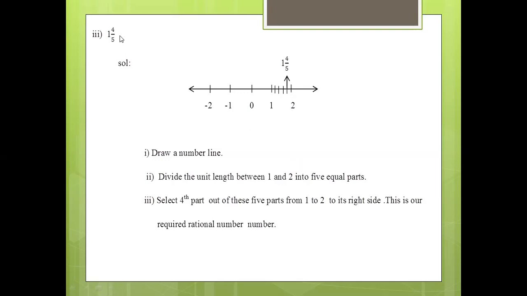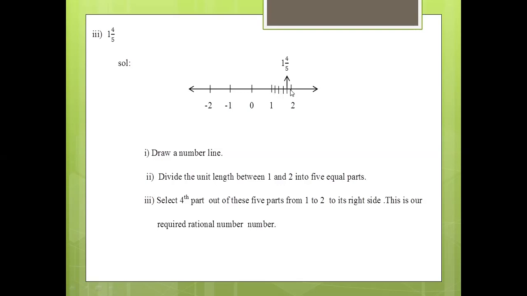So 1, 2, and the 3 should end on 1. Similarly, here you divide this unit length 1 into 5 equal parts, because the denominator is 5. So the fifth part should end on 2. Look, starting not from 1, but after 1. 1, 2, 3, 4, 5, and here. Why?